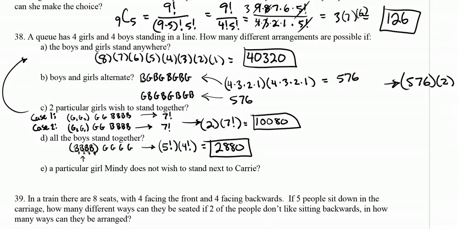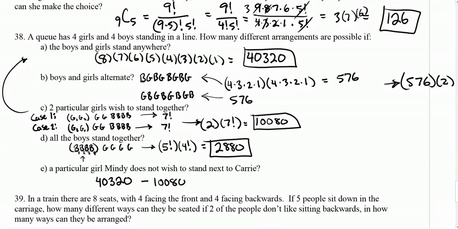Well, in A, we found out that there are 40,320 ways that 8 people can stand next to each other. And then in C, we found out how many ways 2 particular girls can stand next to each other.